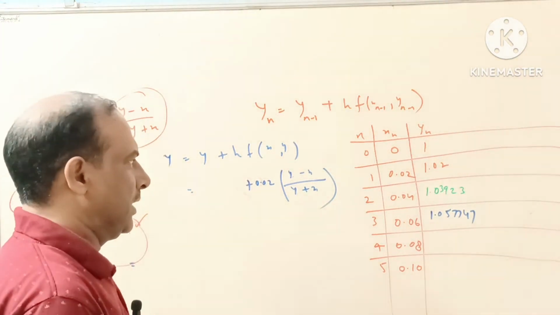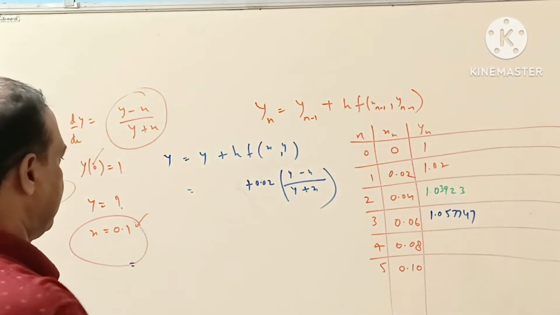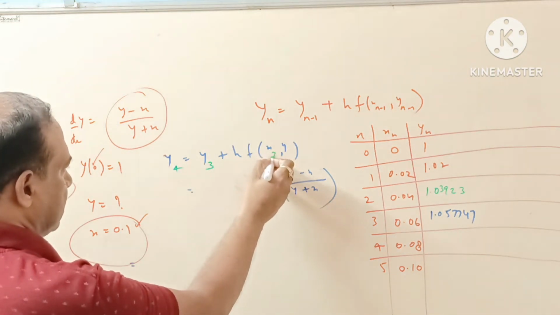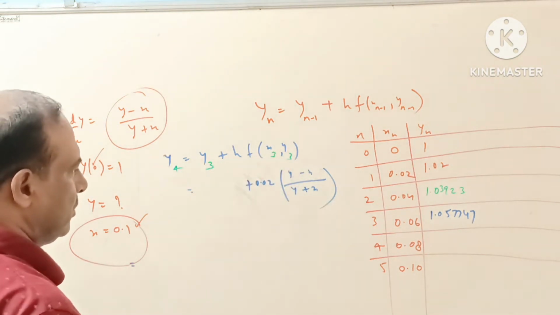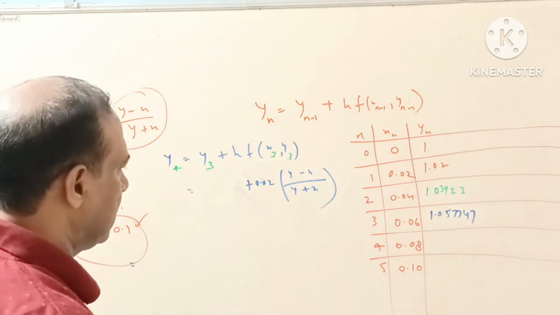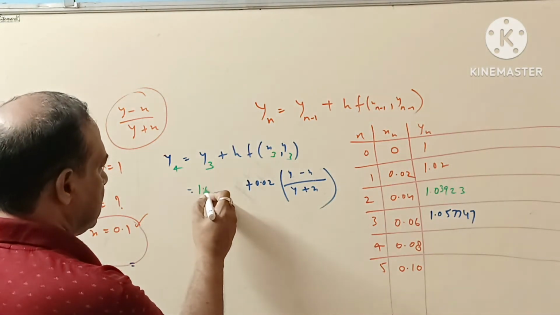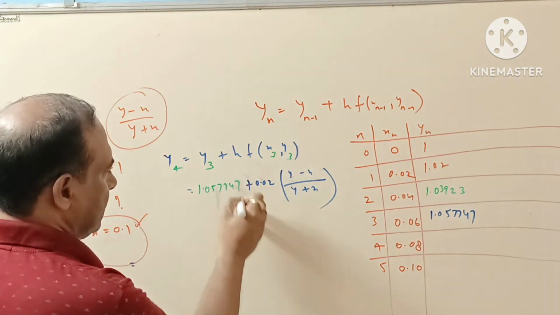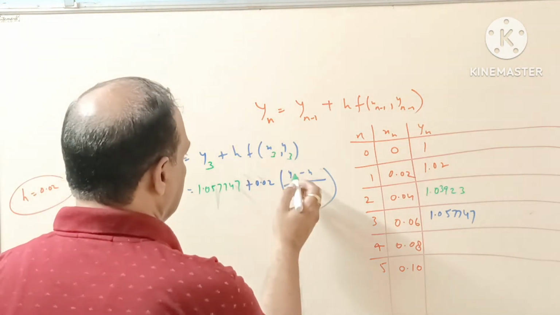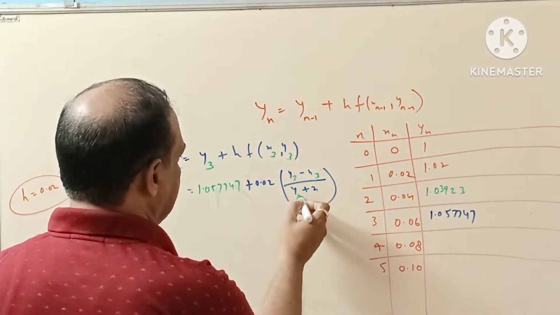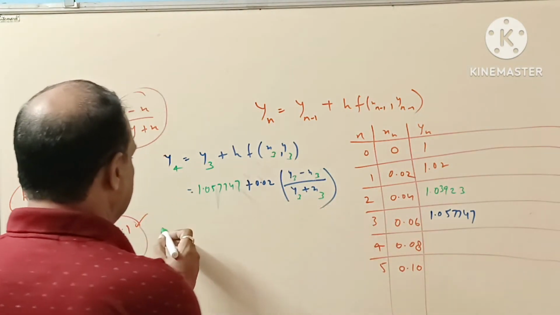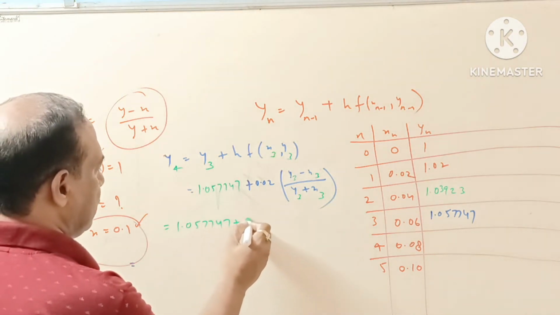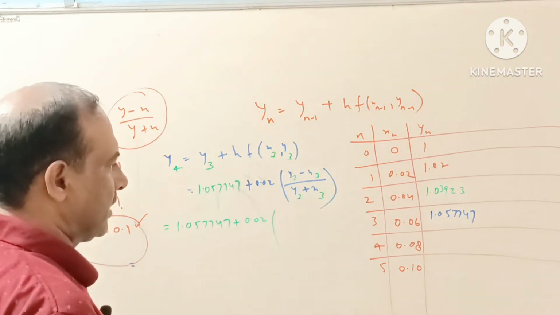Now we have to find out the value of y4. Here it is y4, this is y3, this is x3, and the value of y3 is 1.057747. Now here it's 1.057747 plus 0.02 in the bracket.